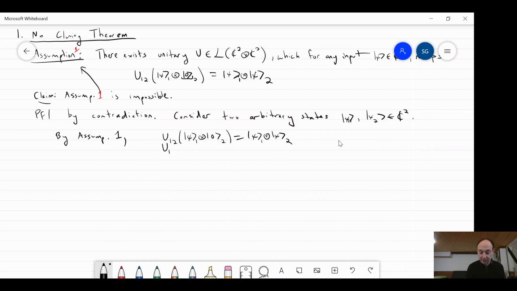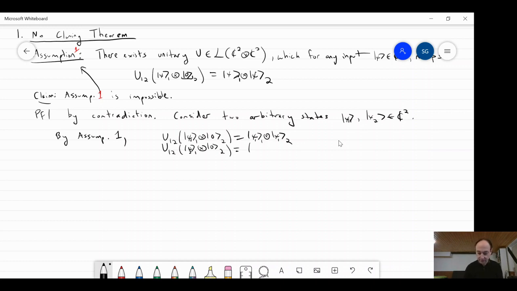And likewise, this is a cloning circuit, or a cloning unitary, and it's supposed to work for any input you give me. So this is psi 1 on 0.